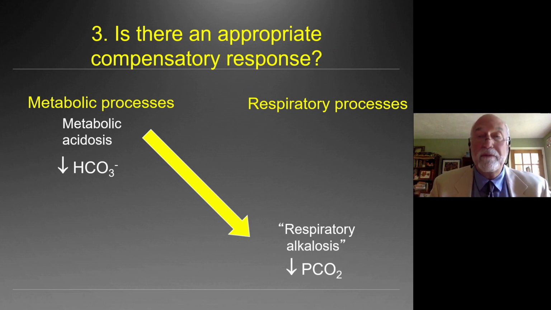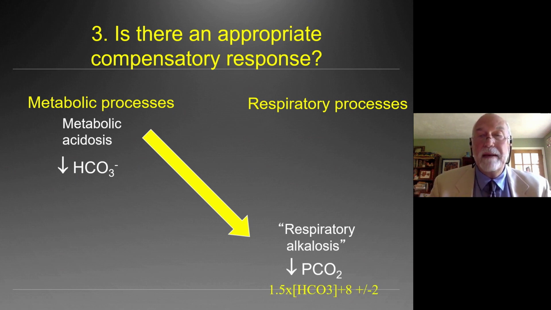However, an important rule of thumb is that our compensatory processes do not return us back to a normal pH. So a little pearl is that if you see a clear acid-base disturbance in a normal pH, you're almost certainly dealing with two primary processes.